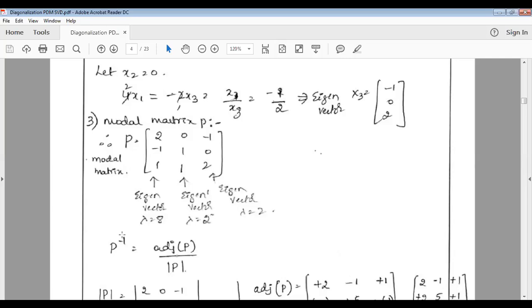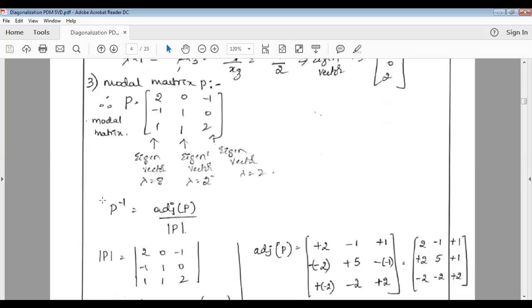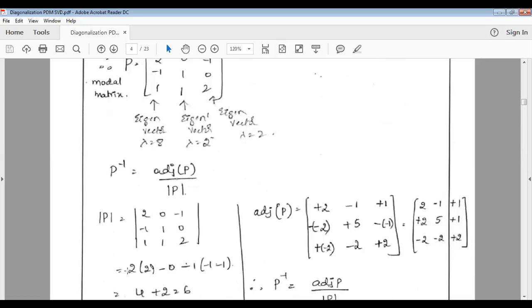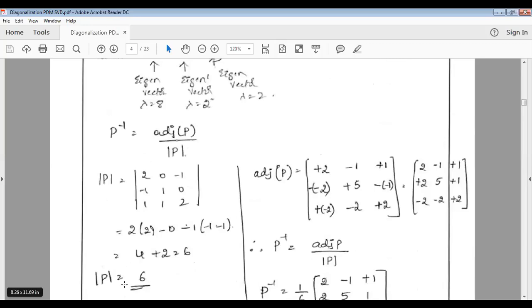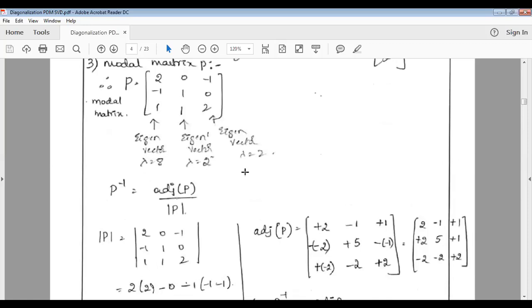So we need to find P inverse, and that is nothing but adjoint of P divided by determinant of P. You can find the determinant of P very simply here, and that determinant comes out to be 6. Okay. And then the adjoint of P is nothing but the cofactor matrix which is transposed, right?